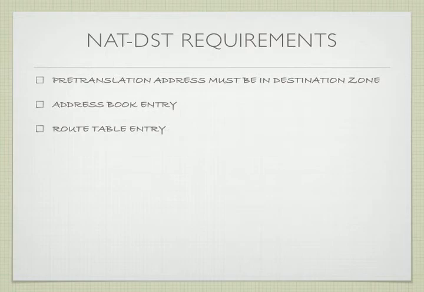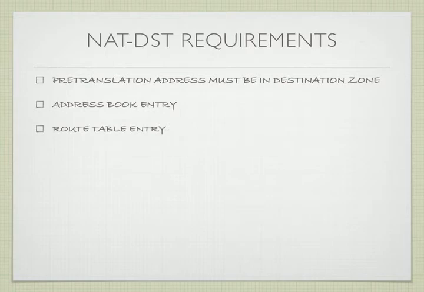So again, if you're going to write a policy from untrust to trust on this public address, you're going to create your address book in the trust zone, and you're going to write a /32 route for this same address to the trust interface where that server that you're delivering the translated address lives, so that all of this packet flow that we discussed earlier works correctly.